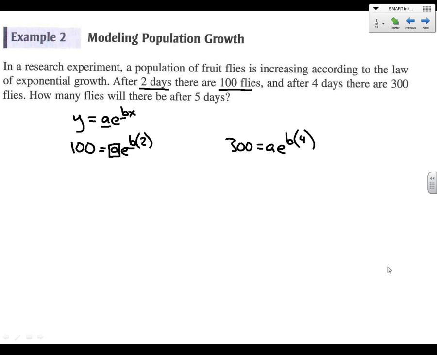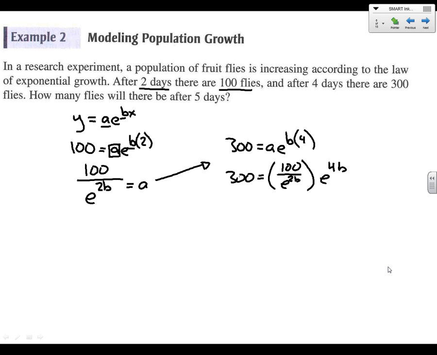So the first thing I'm going to do is divide both sides to get A by itself. So 100 over e to the 2b equals A. Then we'll go over to the other equation and plug that A in. So 300 equals 100 over e to the 2b times e to the 4b.